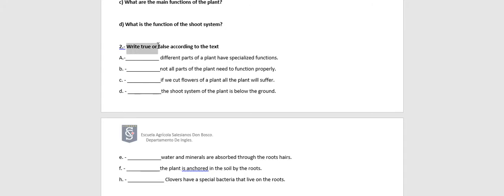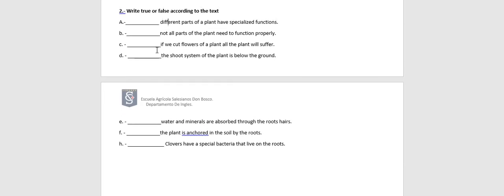Number 2, write true or false according to the text. Escriba verdadero o falso. Verdadero es true, false, falso. En inglés, obviamente, ¿ya? A, different parts of a plant have specialized functions. B, not all parts of the plant need to function properly. C, if we cut flowers of a plant, all plant will suffer.